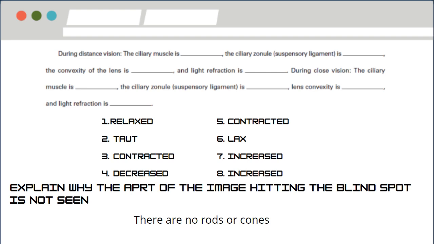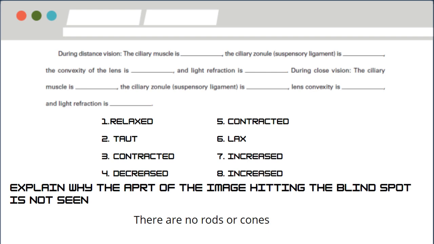During distance vision, the ciliary muscle is relaxed. The ciliary zonule, suspensory ligament, is taut. The convexity of the lens is decreased and light refraction is decreased. During close vision, the ciliary muscle is contracted.